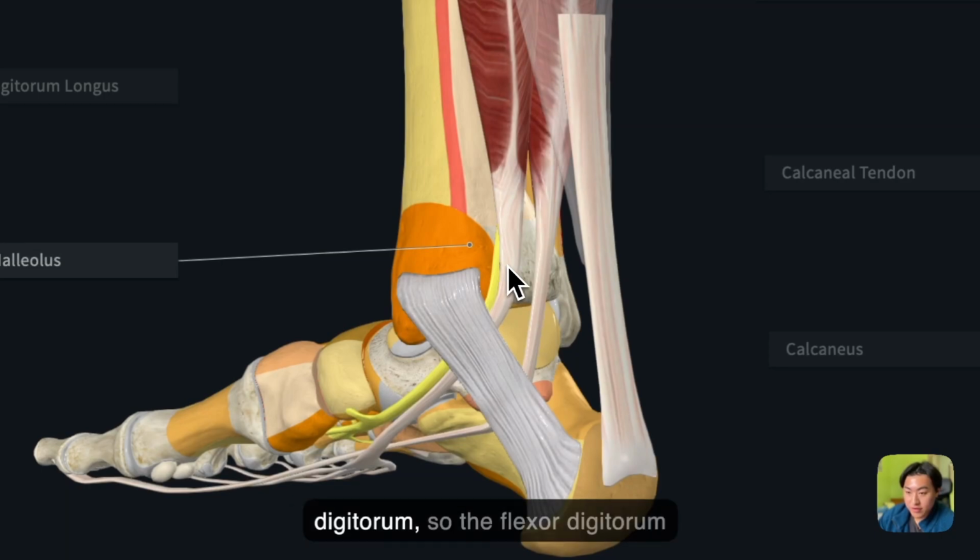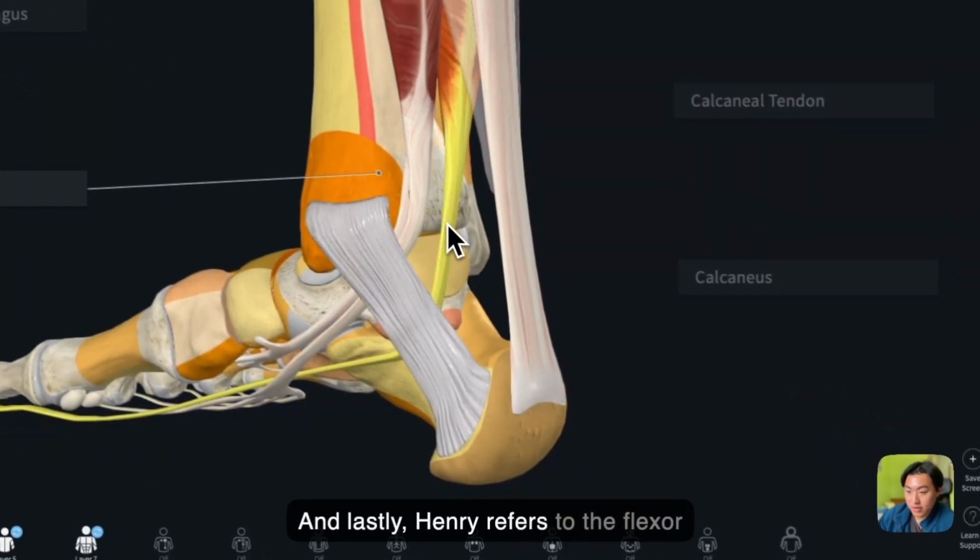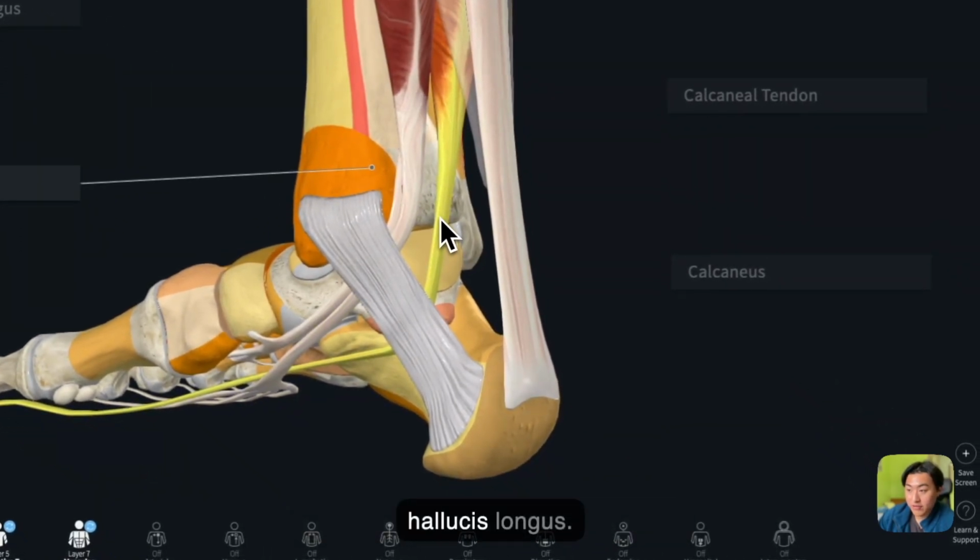Dick refers to digitorum, so the flexor digitorum longus. And very naughty refers to the posterior tibial artery and posterior tibial vein, as well as the tibial nerve that passes through between here, but not shown here. And lastly, Henry refers to hallucis, so the flexor hallucis longus.